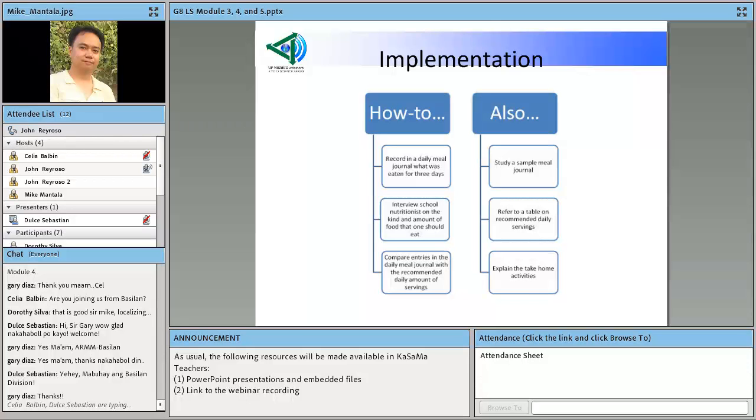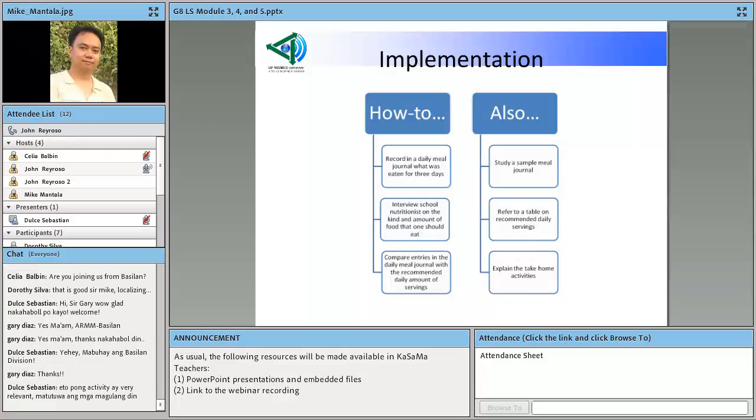They just have to interview people who are in the know and who can help them identify the right kind and amount of food that they should take in, in their meals.